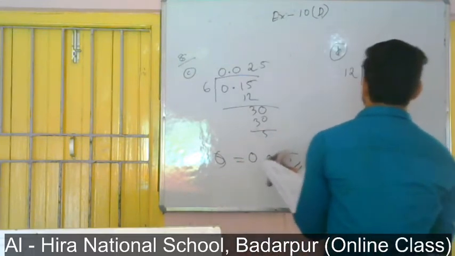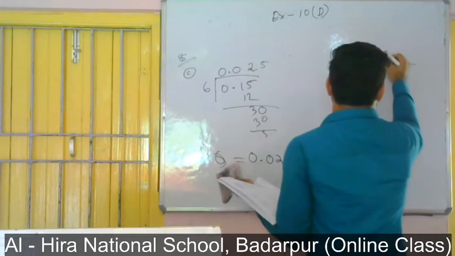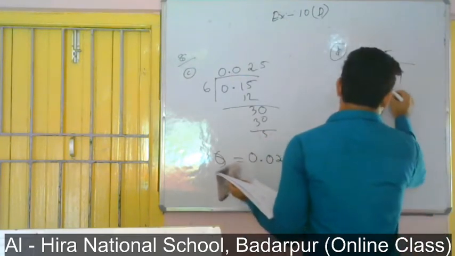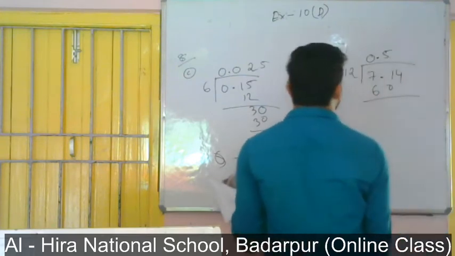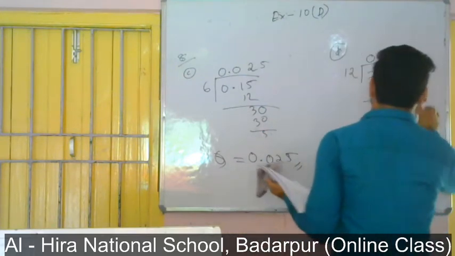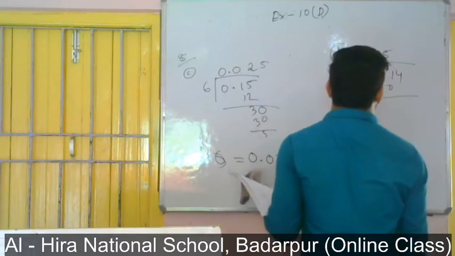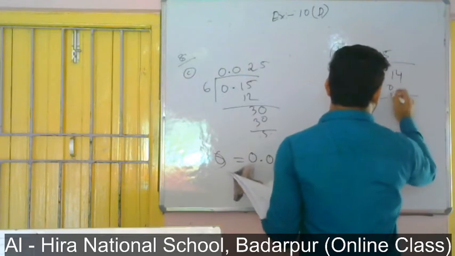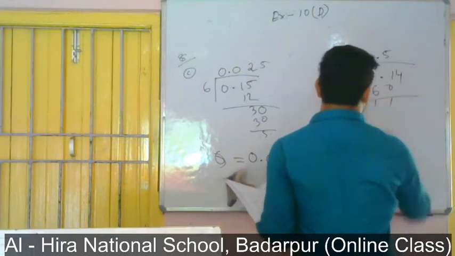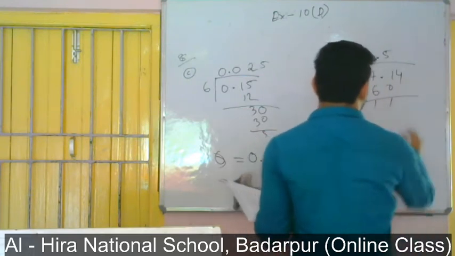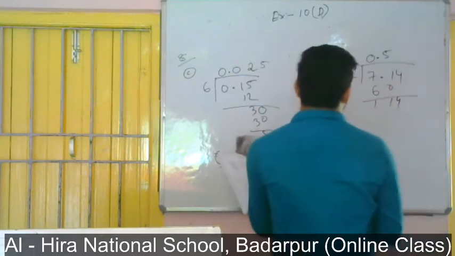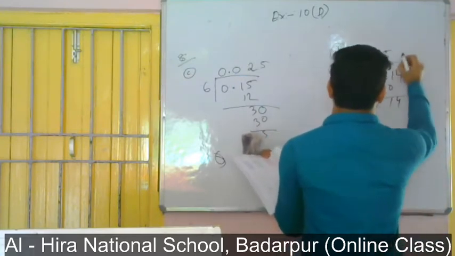Then 5 12s are 60 and 7 12s are 72. 6 12s are 72, so we'll put 5. Then we are getting what? Here 1, here 7 minus 6, 1. So again not divisible, we will put what? 114. Okay, after that we will put 9.